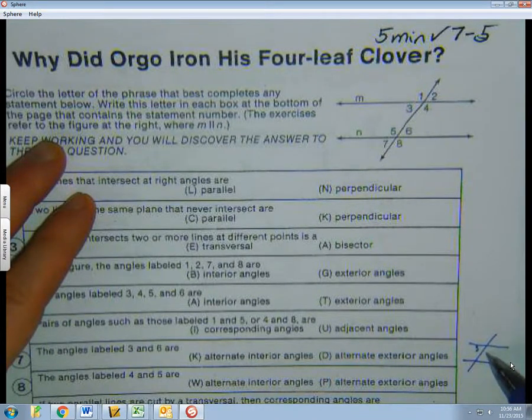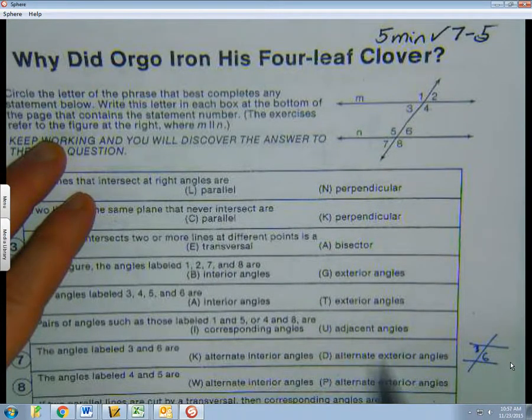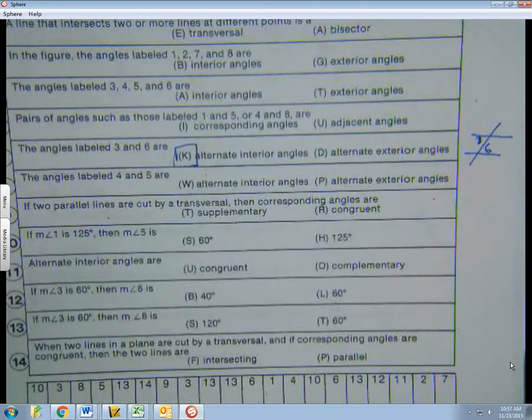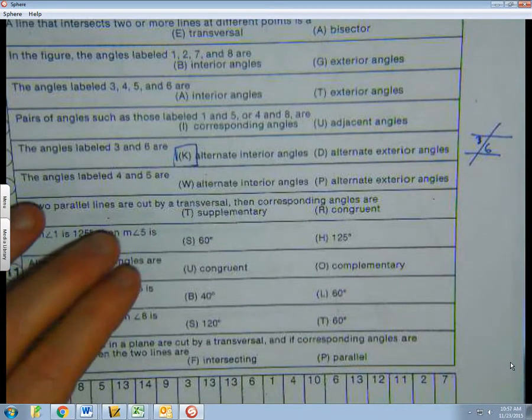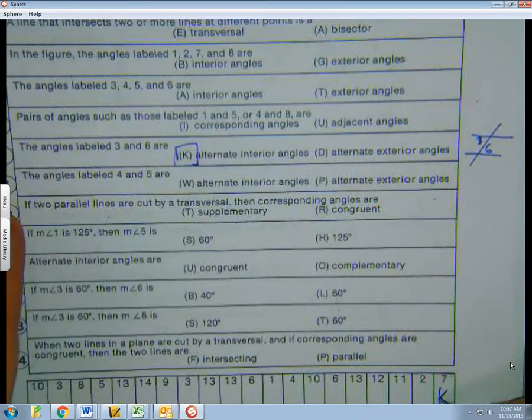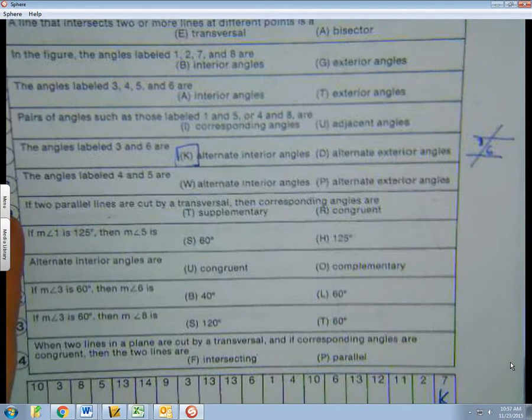I don't want to clog up my picture there. So those are on the inside definitely, and they alternate definitely. Well, I don't have a choice. They're both alternate, and those are inside, so that's K. So what do we do with that? Well, wherever there's a 7, we put a K.